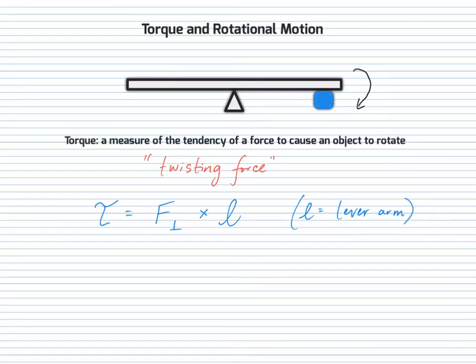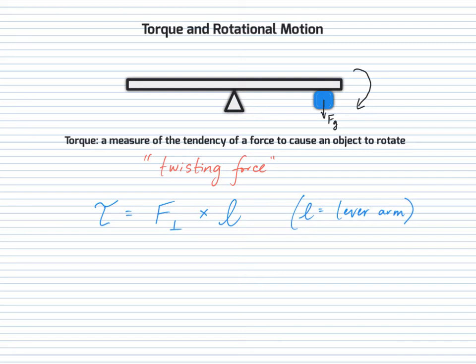Now if we go back up to our diagram here, and we want to break down the torque that's being caused by this hanging mass, we need to be careful. The mass is not causing the torque. It's the force of gravity of this mass causing that torque.